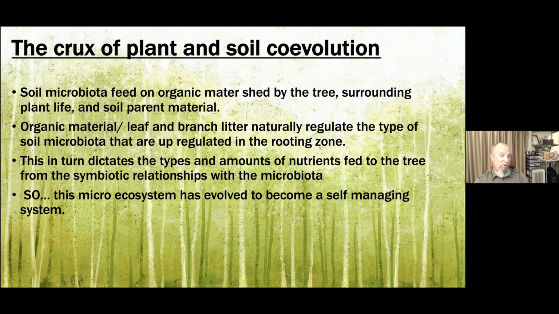So those soil microbiota, they've fed on organic matter shed by the tree and surrounding plant life. That's been their existence. They didn't move from a different state. They happen to be there in that relationship.